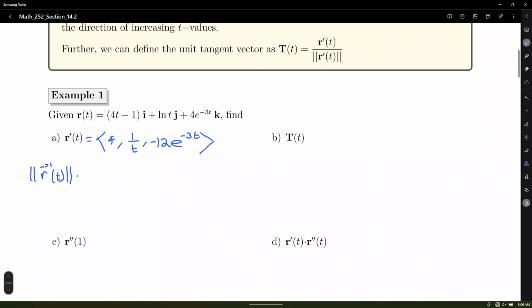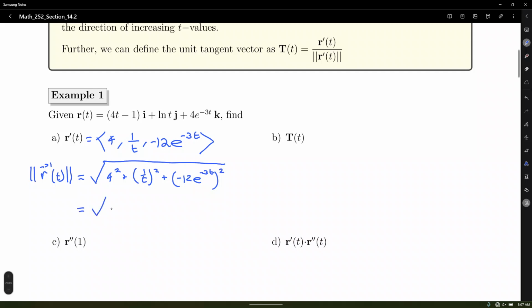Just so you don't get confused when you're working on homework or something. Okay, so we need to take the square root of the squares of the components of, in this case, this vector-valued function. So that is 4 squared plus (1 over t) squared plus (negative 12e to the negative 3t) squared. Okay? So that's going to give us what?